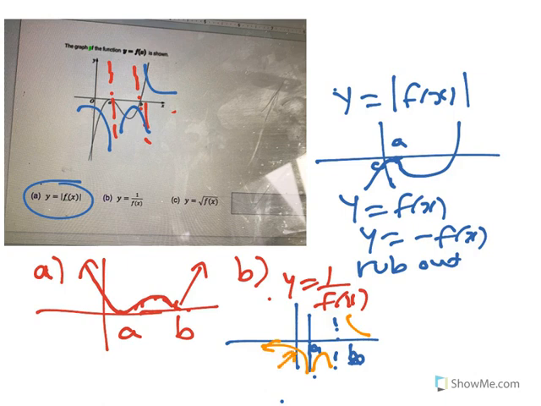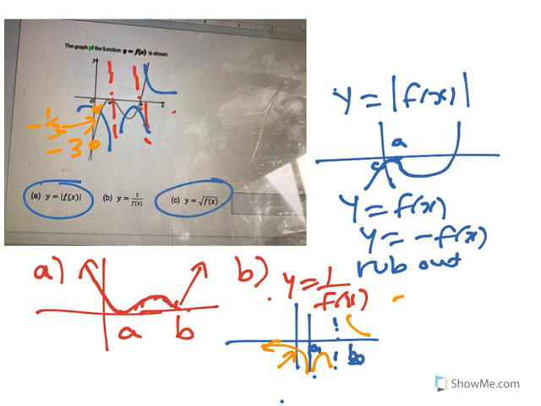If they gave you a value there, say that value was minus 3, then that value would be minus 1/3 for the y-intercept. So you flip the y-intercepts.